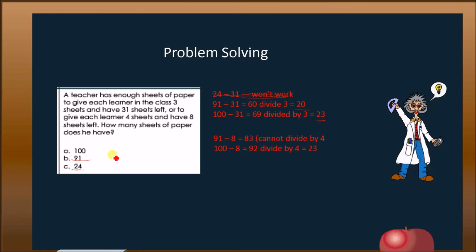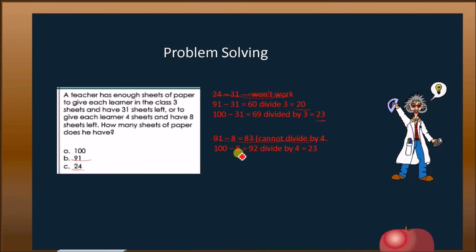So let's try the 91. Now in the second scenario, there are 8 sheets left, which means she's dished out 83 if we take 91. But with 83, we cannot have 4 sheets per learner because 83 is not divisible by 4. So this one is not going to work. Let's try the 100.